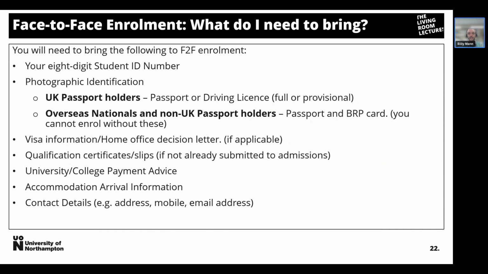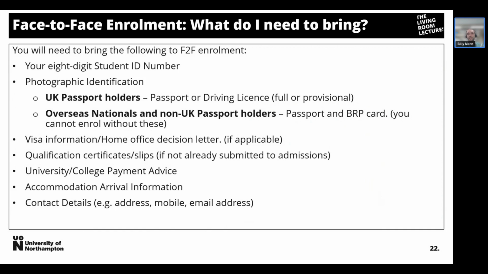Also, just a reminder to international students that you have to bring your passport and you have to bring your BRP card. And unfortunately, we won't be able to complete your enrollment without it. It would also be helpful if international students could bring their Home Office decision letter, and as well as any other visa information. If you haven't already submitted qualification certificates and slips, then please bring those as well.